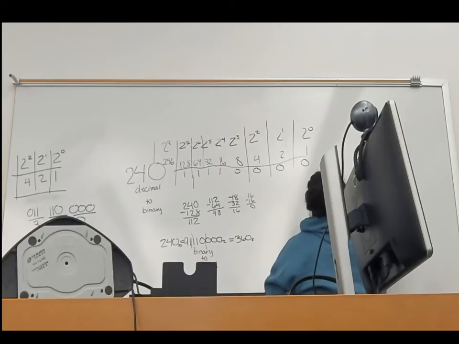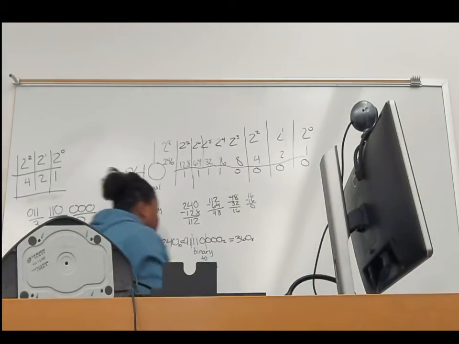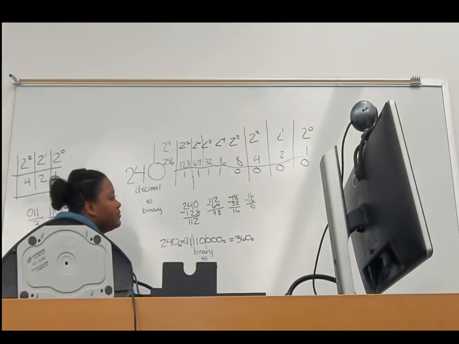8 squared. Yeah. Now, class, remember what we did when I gave you a number like 123. If we broke that down in base 10, that would be what? 1 times 100, right? Plus 2 times 10, plus 3 times 1, correct?